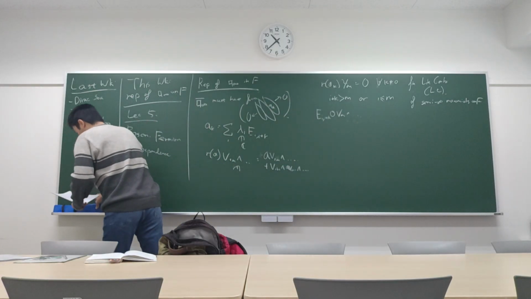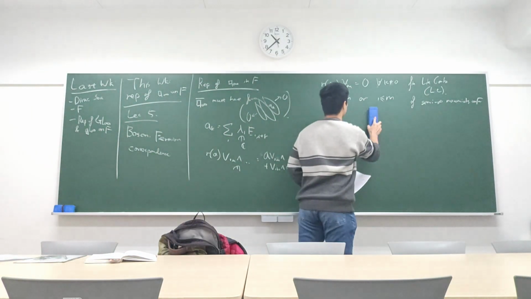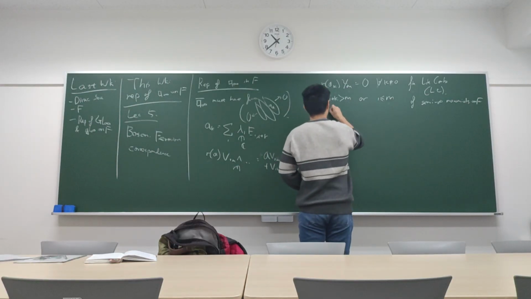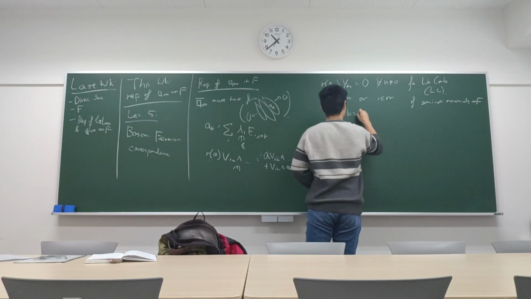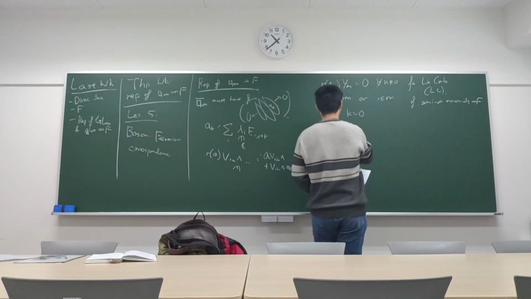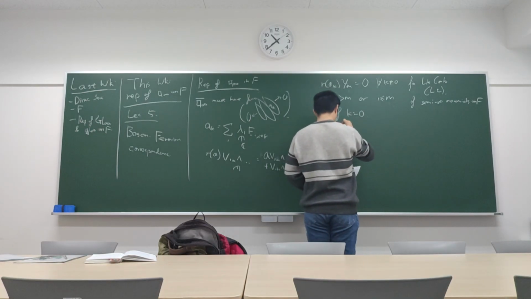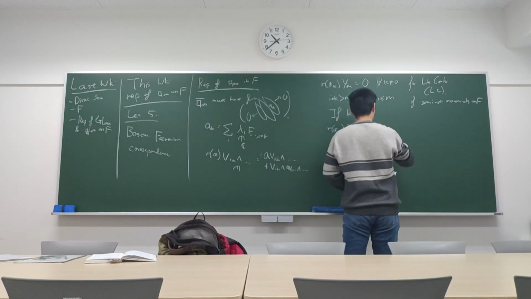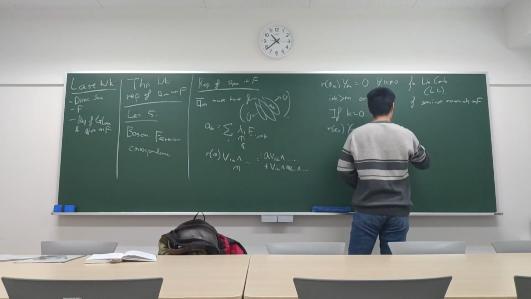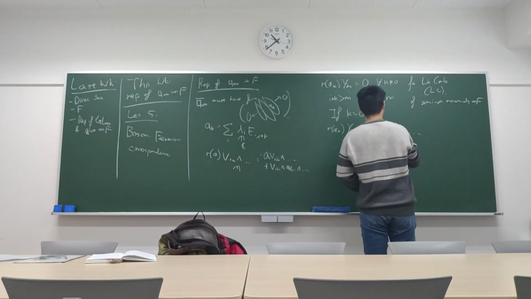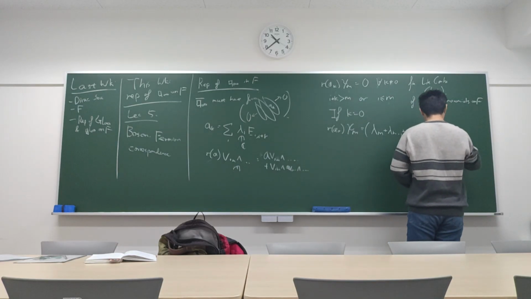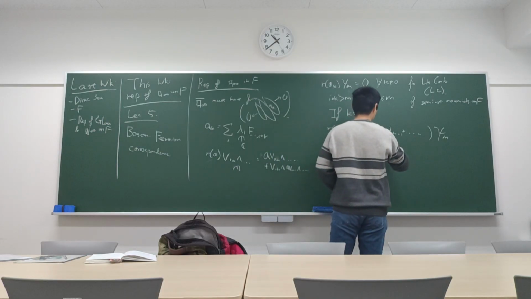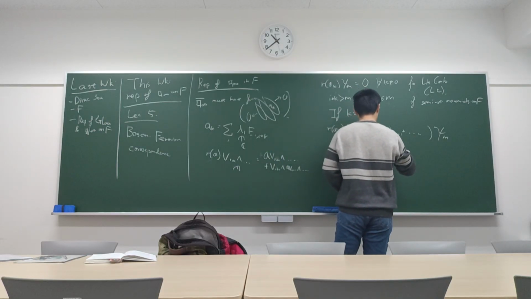So the problem comes when we have K equal to 0. Then you have this R of A naught equals lambda_M plus lambda_{M-1} plus all the way down. Now this is a problem because this could potentially diverge.